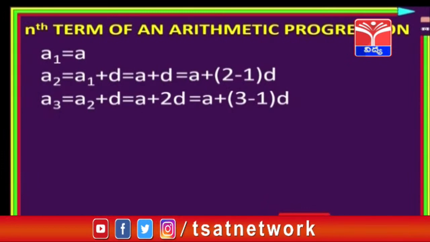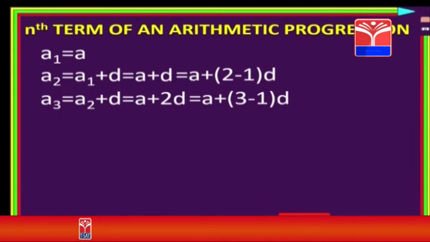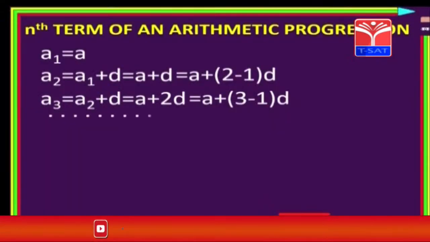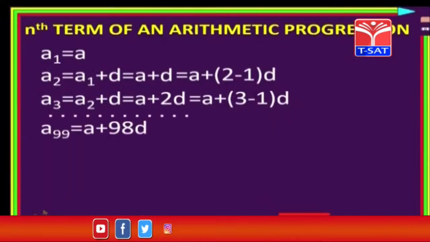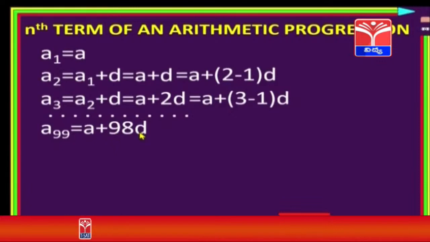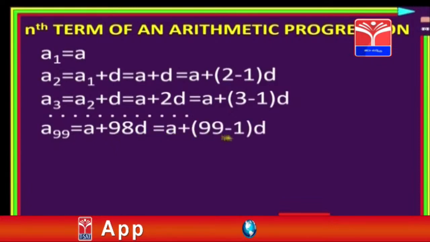Next, A4 is A plus 3D, A5 is A plus 4D, A6 is A plus 5D. So what is A99? A99 is A plus 98D. Just simple logic, we reduce one number, that's it. A plus 98D can be written as A plus (99 minus 1) into D.